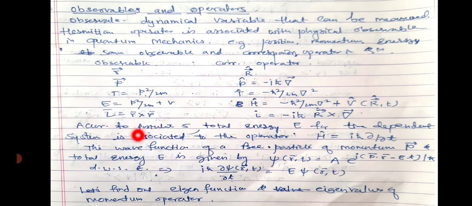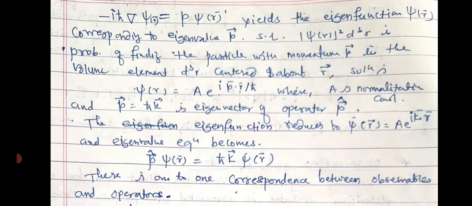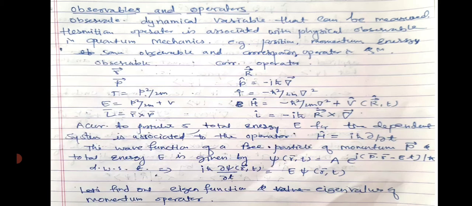According to postulate 5 in quantum mechanics, which we already studied among the postulates of quantum mechanics, the total energy E for a time dependent system is associated with the operator i h cross del by del t.